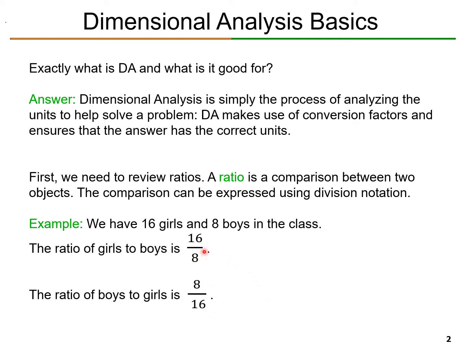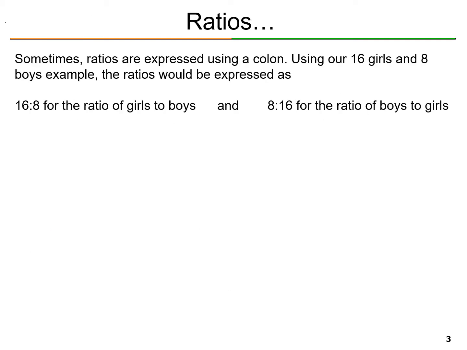Now these ratios are equivalent. Here we have the number of girls in the numerator, and down here we have the number of boys in the numerator. Sometimes ratios are expressed using a colon. Using our 16 girls and 8 boys example from the previous slide, the ratios would be expressed as 16 colon 8 for the ratio of girls to boys, and 8 colon 16 for the ratio of boys to girls.